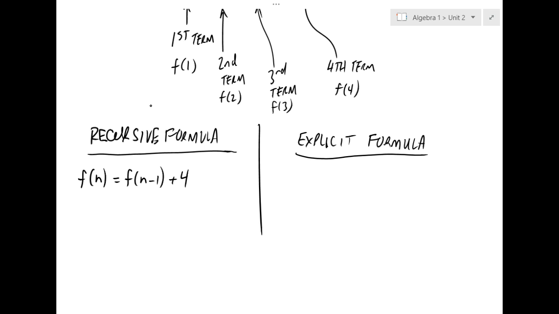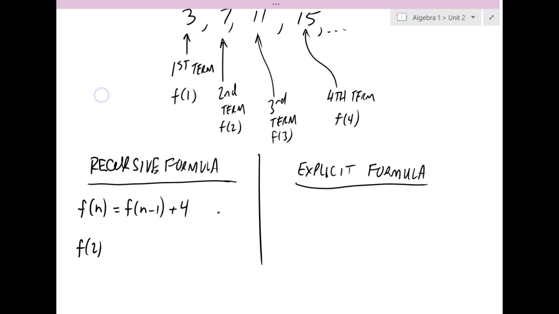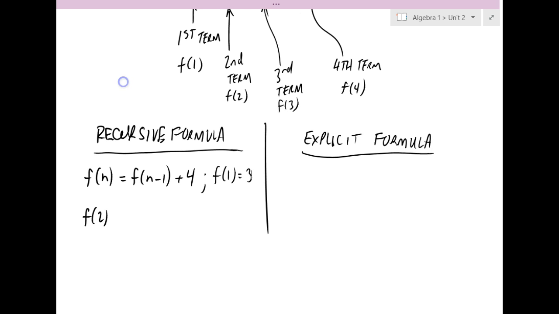Now that might look kind of confusing, but if we think of it with numbers, let's say I wanted to know f of 2. I already know the first term is 3. If I plug in 2 for this n, then I need to plug in 2 for that n as well.